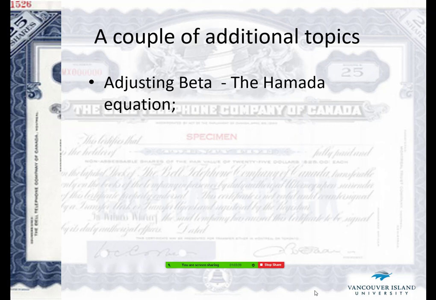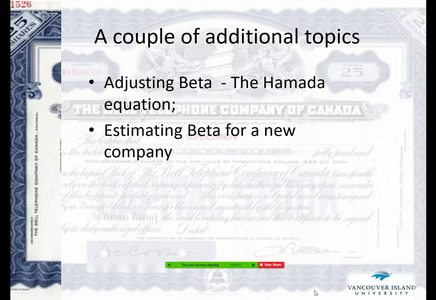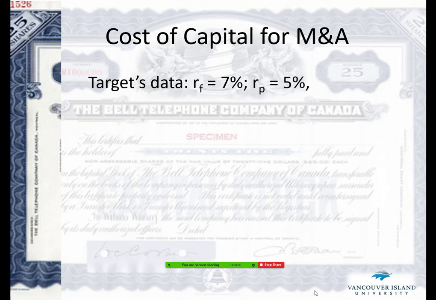And so if we have a company that's made up of mostly debt, then the amount of the volatility is going to be understated. If we use more debt, then that amount of volatility will increase. The idiosyncratic risk will increase. We'll also take a look at estimating beta for a new company or a company that's going to operate in a very different way, using the calculations that we introduced earlier in the course.